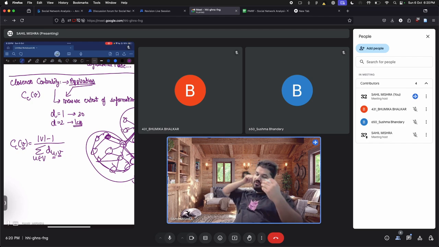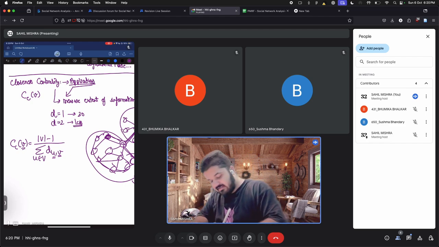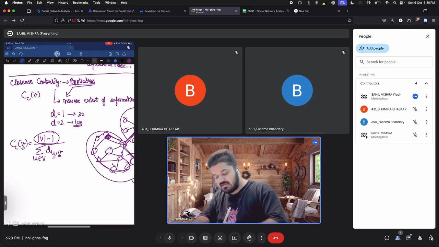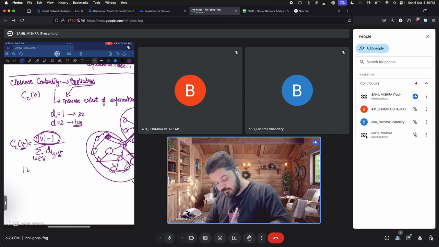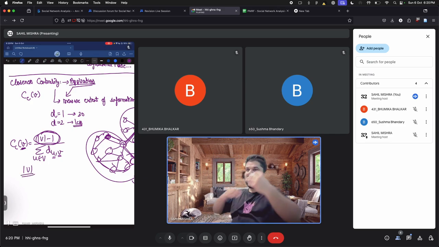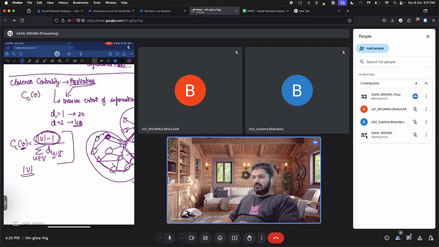And to normalize it, we add this V minus 1, because V is already a node taken into consideration. The remaining nodes are V minus 1. To make the computation simple, people generally use V only, but when we have a very high number of nodes it doesn't matter. But in an exam, if the question comes, you have to use this exact formula because the answers will match this formula.